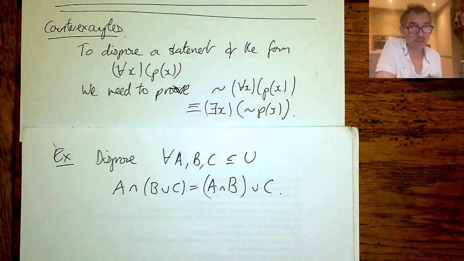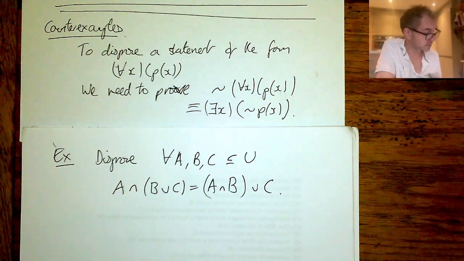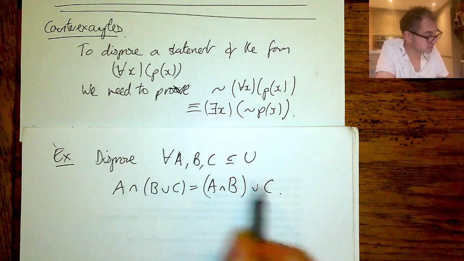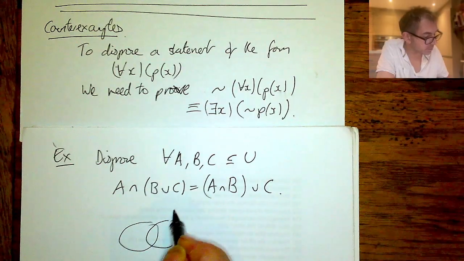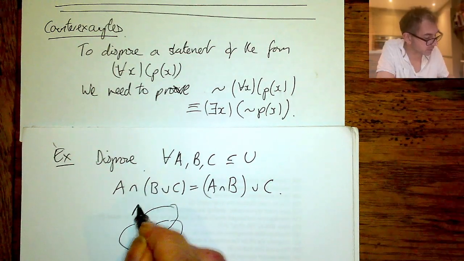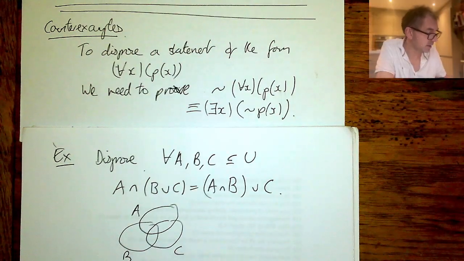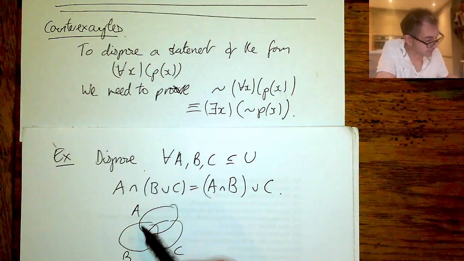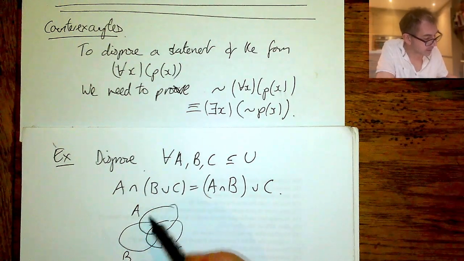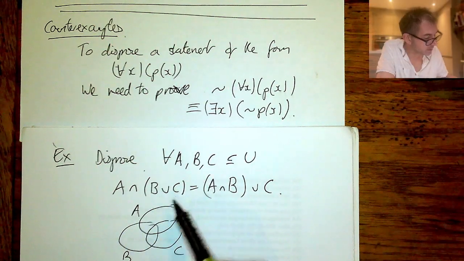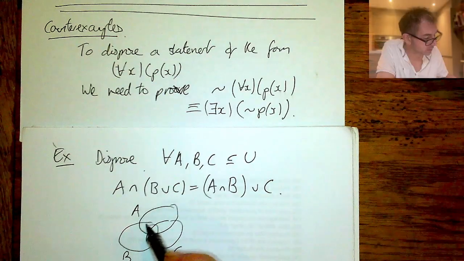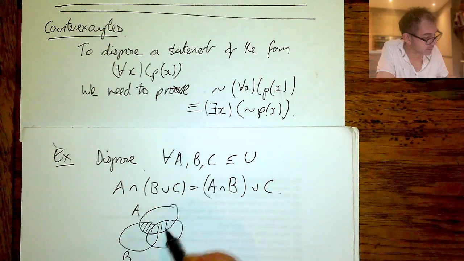Okay, so if that's what we want to disprove, let's first have a think about what this is saying. If we take a Venn diagram to help us think about this, that would be a good idea. So these are my A, B and C, and I want to take the intersection of A with B union C. So that's all the stuff that lies in B or C or both, and A. So that's the left-hand side.